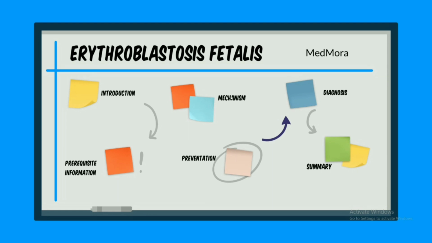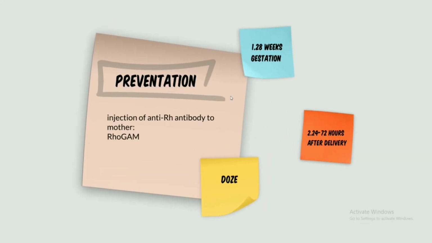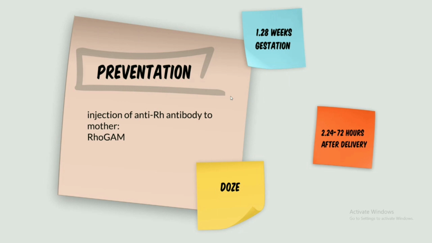How can we prevent that from happening? Prevention is by injection of anti-Rh antibodies to mother, which is called ROGAM. First, at 28 weeks gestation, and second, 24 or 72 hours after delivery. Why 28 weeks gestation?